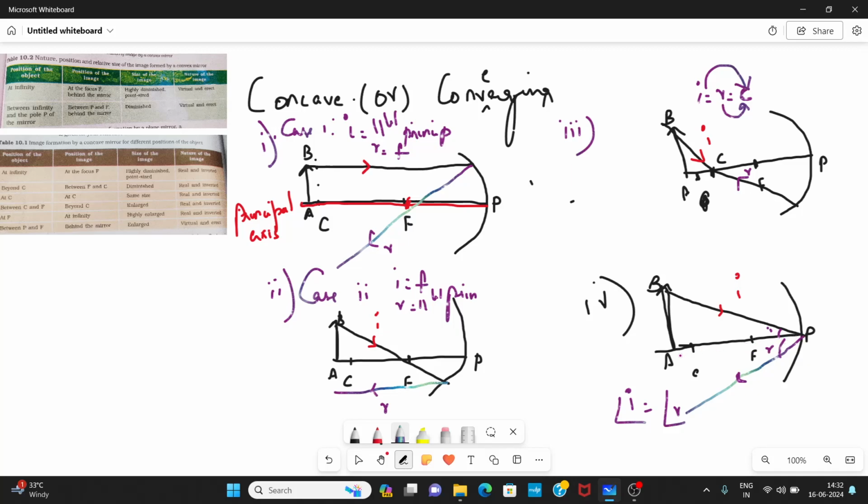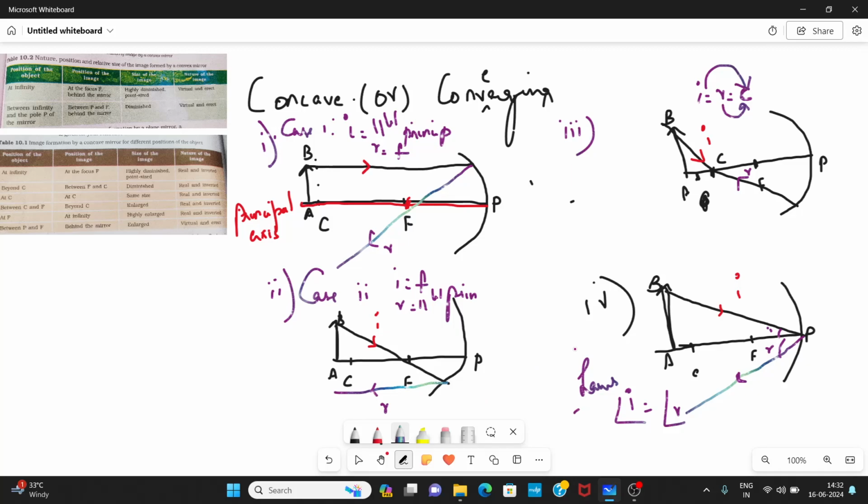So the normal is your principal axis here. So the incident line and the reflected line and your normal, they all lie on the same plane, and the angle of incidence is equal to the angle of reflection. This is your laws of reflection, right?